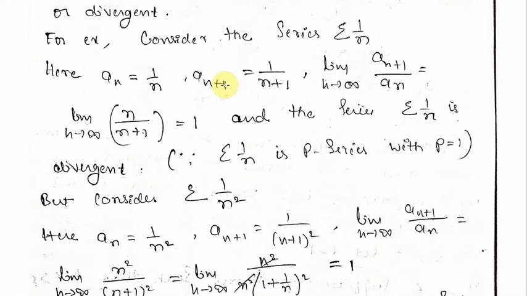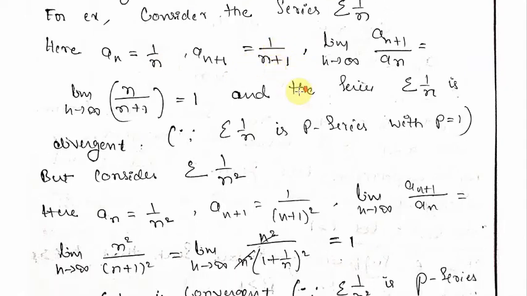For example, consider the series sigma 1 by n. Here a_n is 1 by n and a_{n+1} is 1 by n plus 1. Let us see the limit. Limit a_{n+1} by a_n as n goes to infinity is, limit n goes to infinity, 1 by n divided by 1 by n plus 1, which is n by n plus 1.